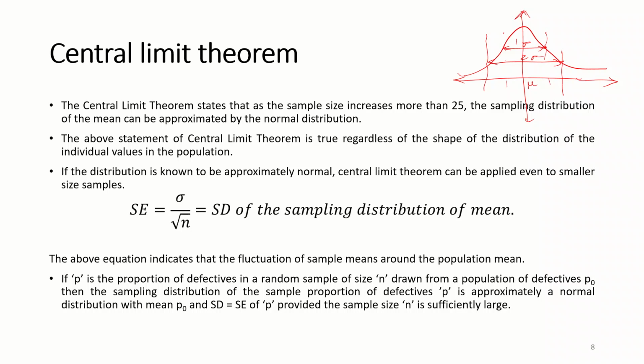Basically the graph is symmetrical about its mean, and how much it spreads will be determined by the standard deviation of the data. So that's the core of normal distribution.